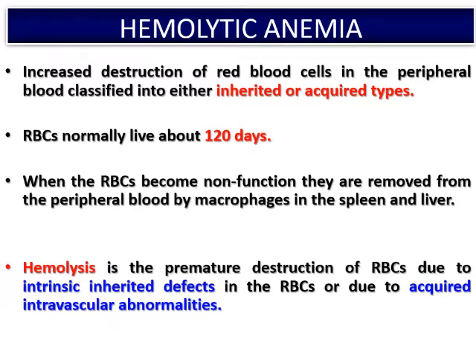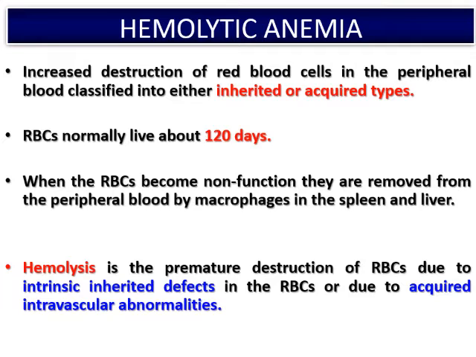Hemolysis means a premature destruction of normal functioning RBCs. But what happens normally is destruction of non-functioning RBCs by macrophages. In hemolytic anemia, the destruction occurs to normal functioning mature RBCs.